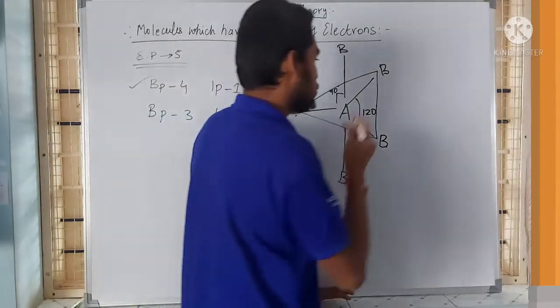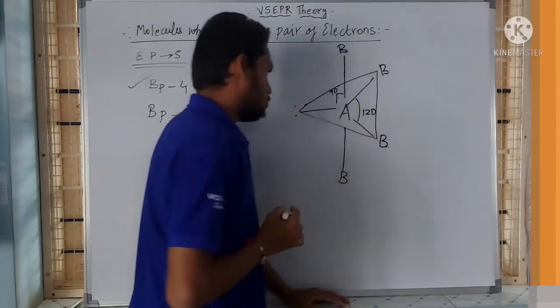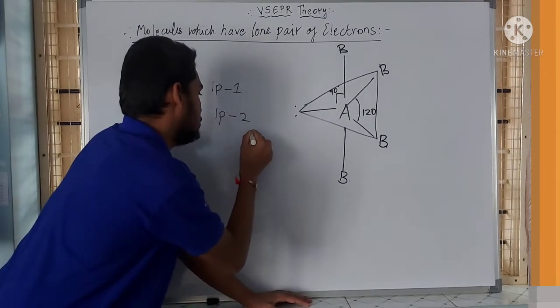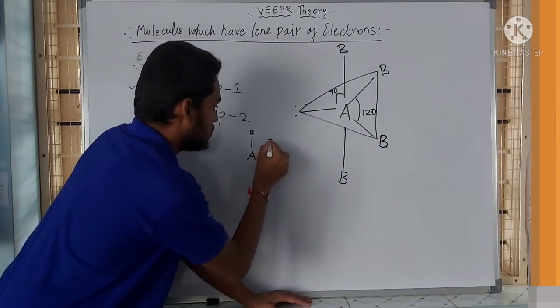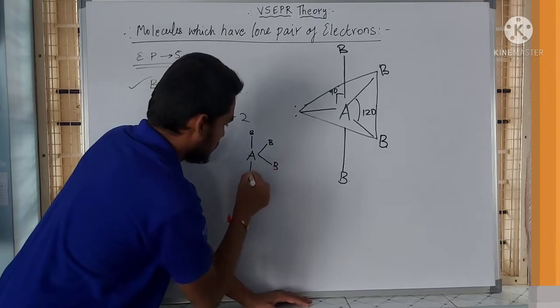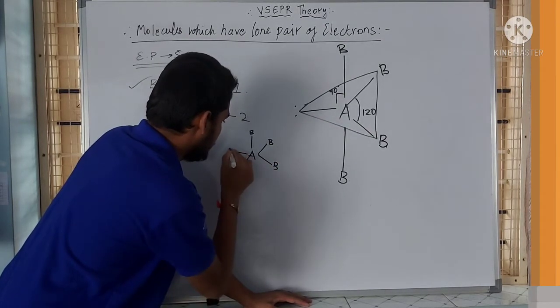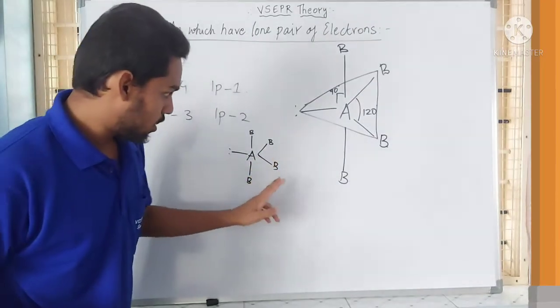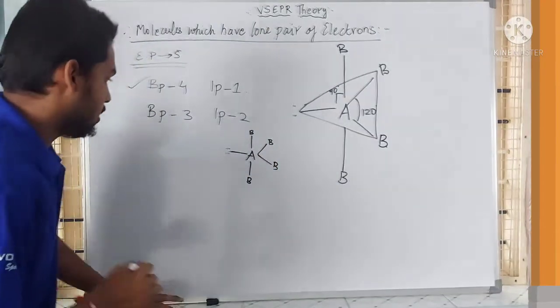So you can just observe that it looks in this manner. This is one B atom, this is the second, this is the third, and this is the fourth, and I have the lone pair here. So you see that it looks somewhat like a seesaw shape, like in childhood you used to play.